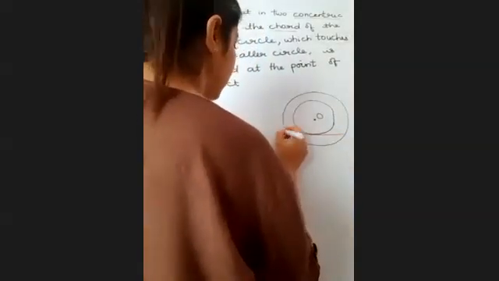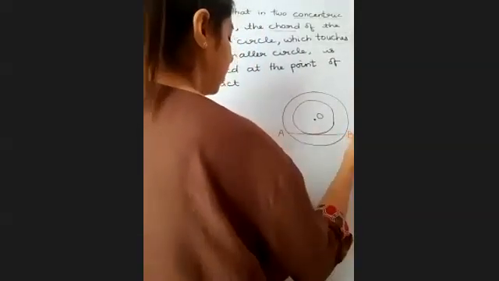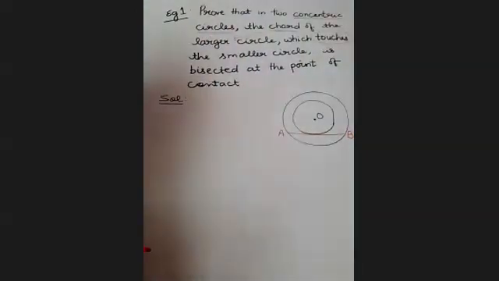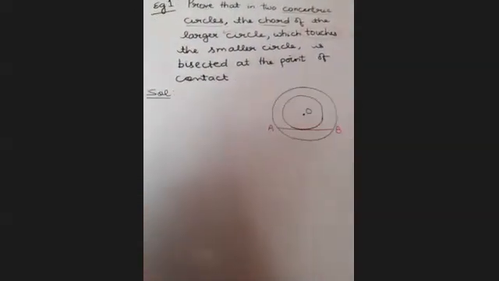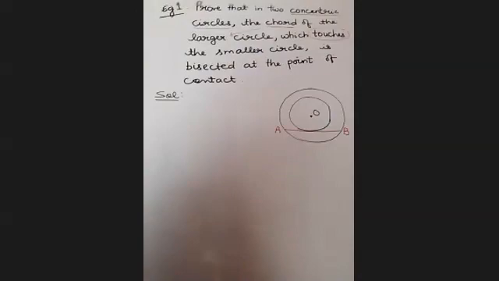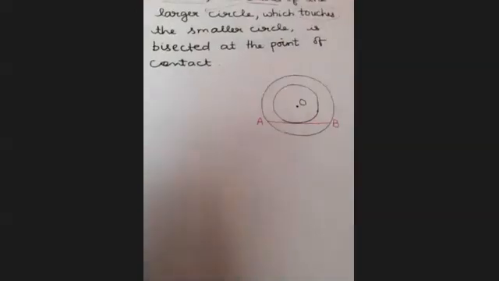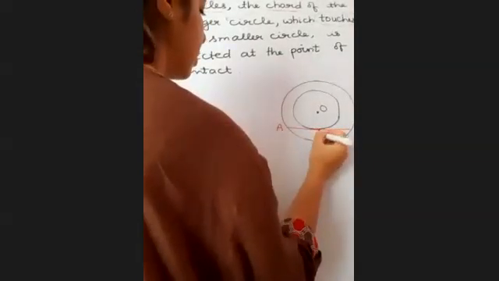Suppose AB is the chord of the larger circle, and it is touching the smaller circle at, let's say, point P.